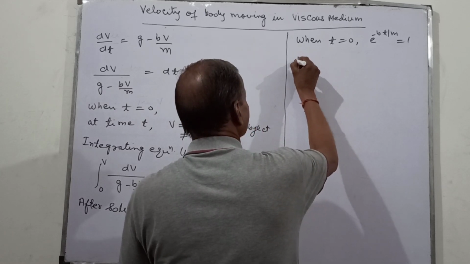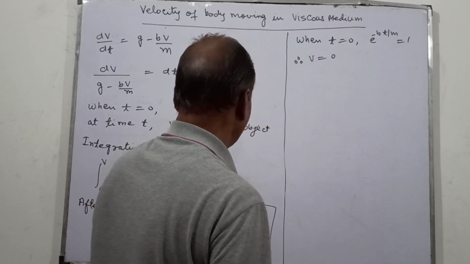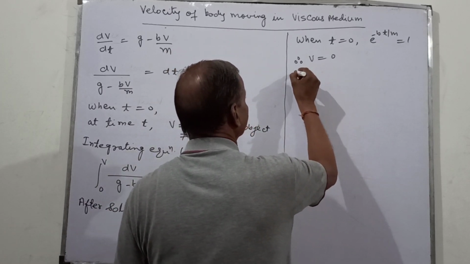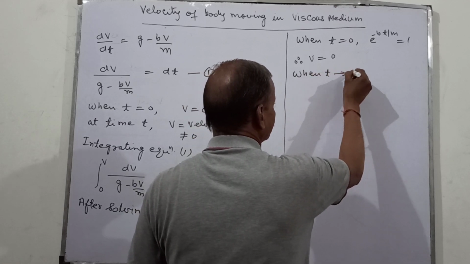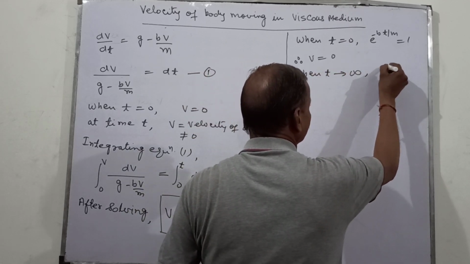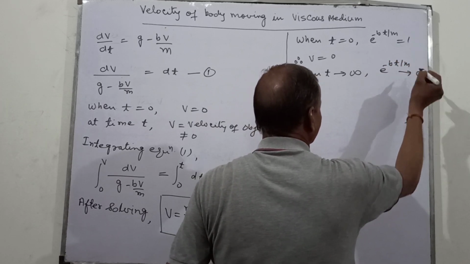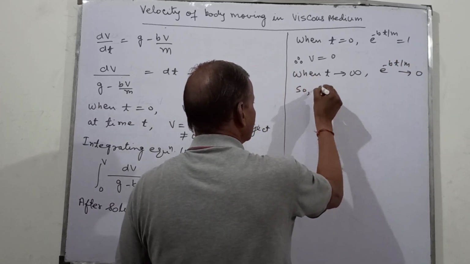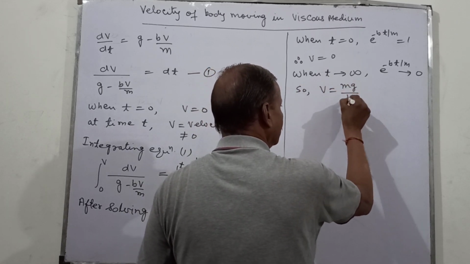Therefore, v equal to 0. And when t tends to infinity, e to the power minus bt upon m tends to 0. So v equal to mg upon b.